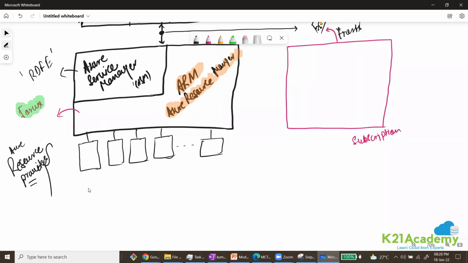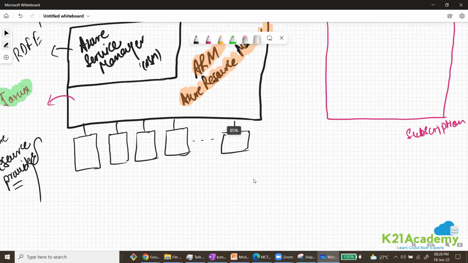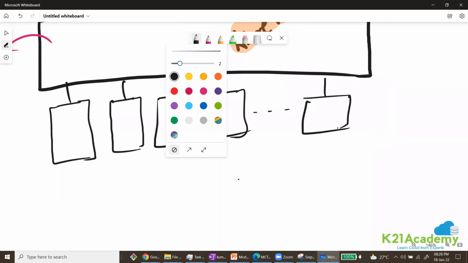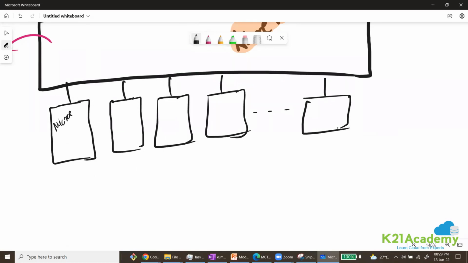The names of these resource providers can be like this: Microsoft.Compute, Microsoft.Network, Microsoft.Storage, like this, Microsoft dot something other service.